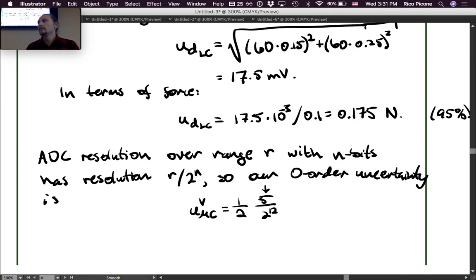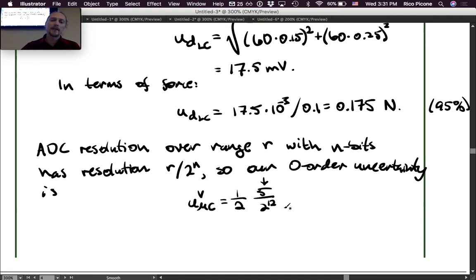It's not bad, right? And we divide that by 2, and that gives us our zero order uncertainty, which, let's see, I did compute that somewhere, 610 microvolts.